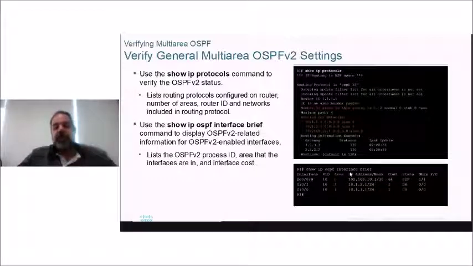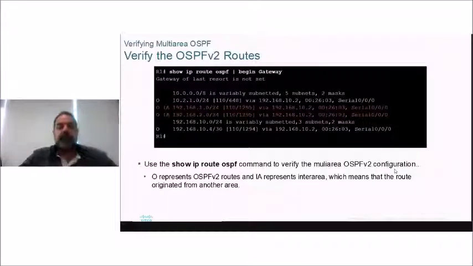Show IP OSPF interface brief. Again, shows you the 3 interfaces that are participating in OSPF, what area they belong to. That's certainly not bad information. And show IP route OSPF, of course, just gives you the routes learnt from OSPF.